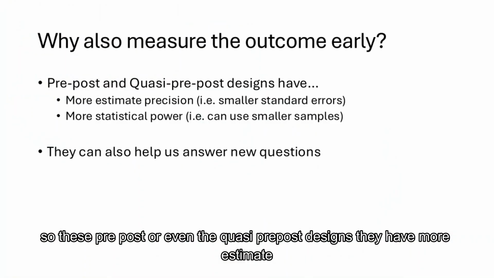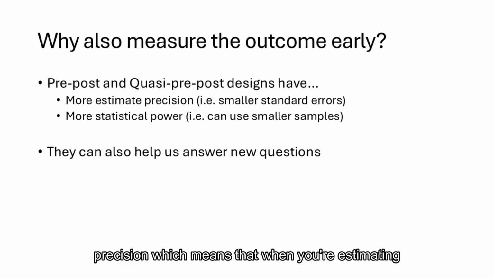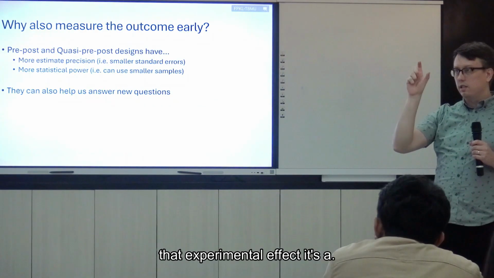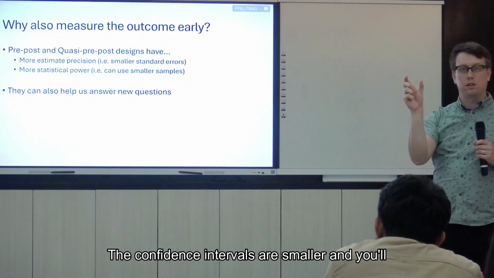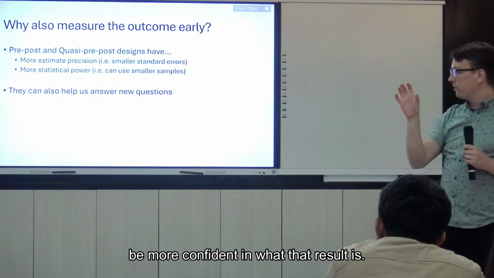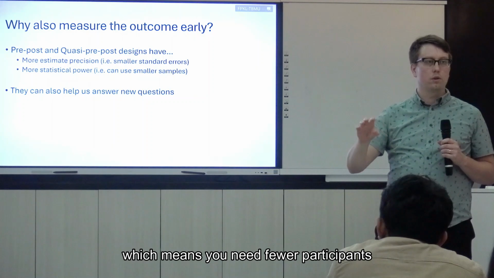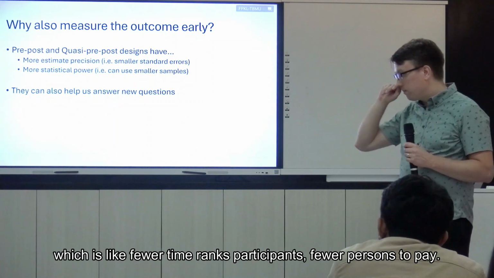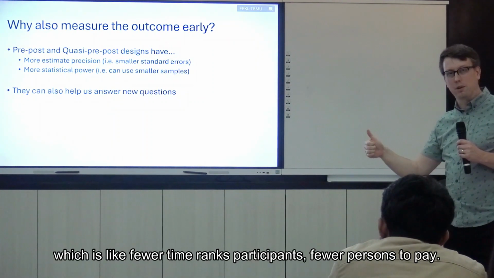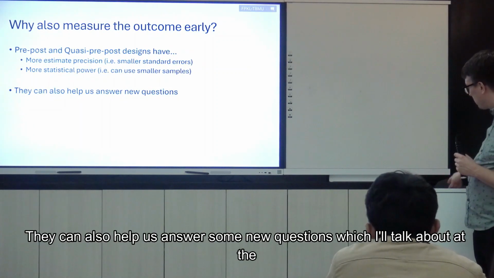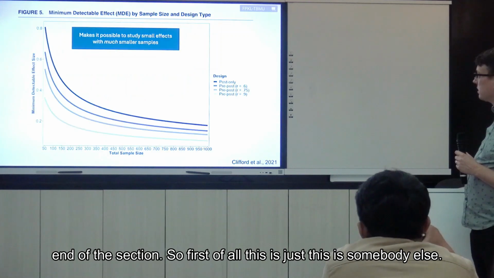These pre-post or even quasi-pre-post designs have more estimate precision, which means that when you're estimating that experimental effect, the confidence intervals are smaller, and you're more confident in the result. That means you have more statistical power, which means you need fewer participants, fewer time-ranked participants, fewer participants to pay. They can also help us answer some new questions, which I'll talk about at the end of this section.